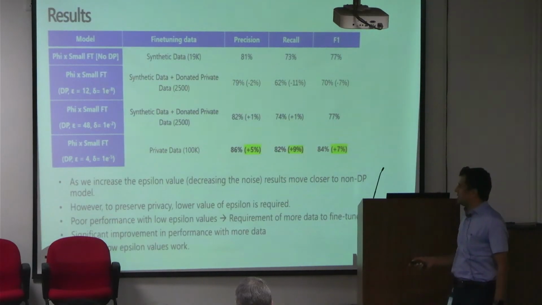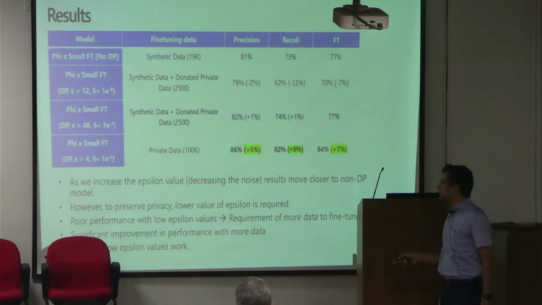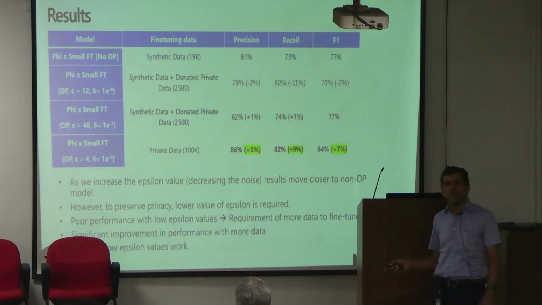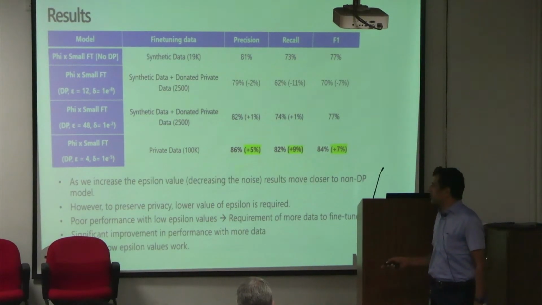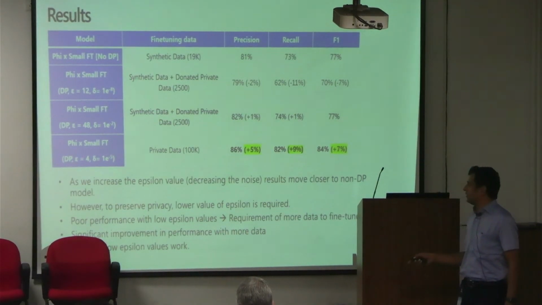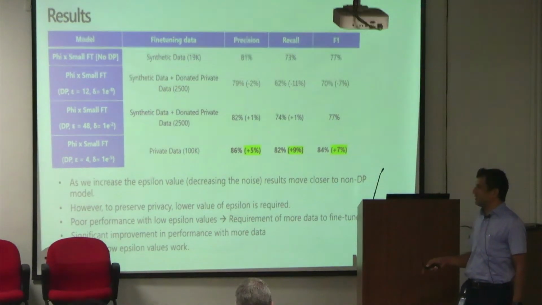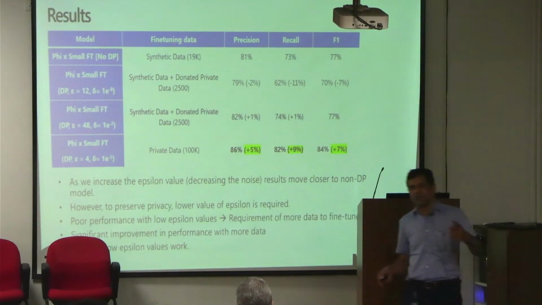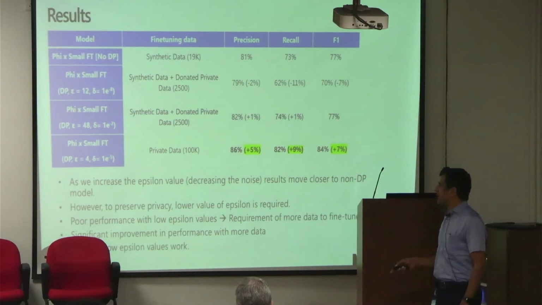As you can see, for a class of models in the range of 3 billion parameters, compared to 1.7 trillion parameters for GPT, we are getting performance in the high 80s, like 86 precision and 82 recall. We are not getting as good as the GPT-4 model, which was above 90, but we are reaching there.